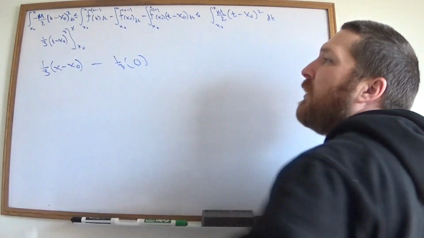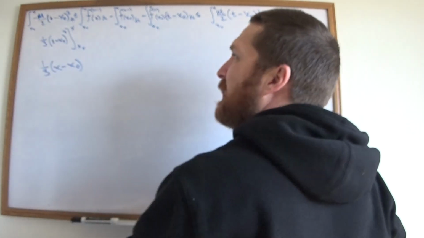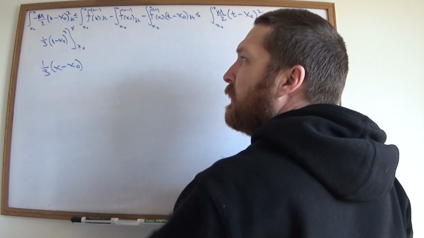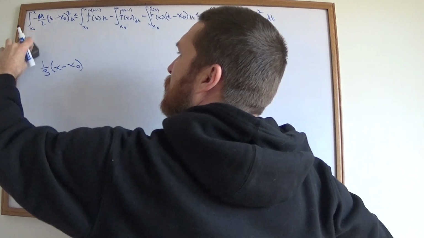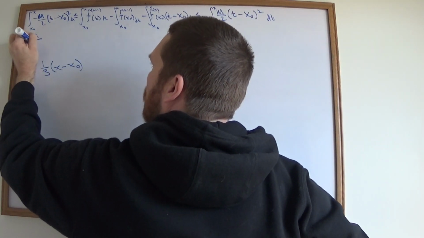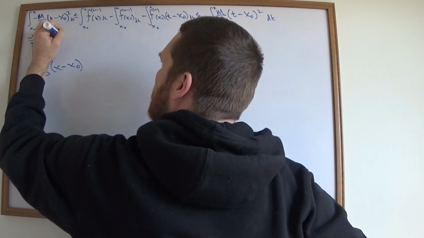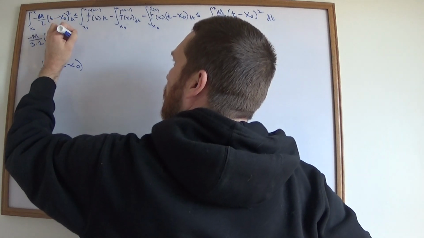Oh, it's a big 0 because you're plugging in an x0 minus x0, so it's gone. So it's just that. Don't forget about the negative m and the 2 there. And so what this works out to is negative m over 3 times 2 (x minus x0) to the third.